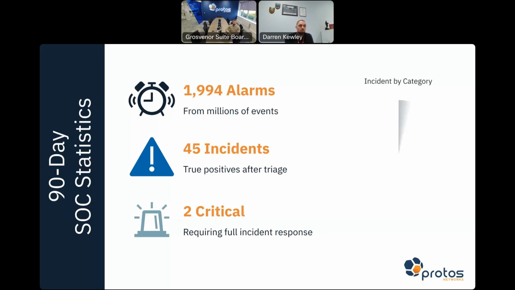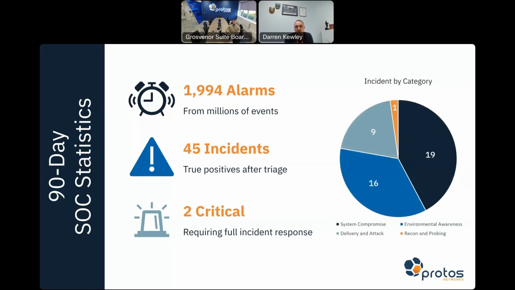And how does that fall in terms of delivery and things like that? Of those, 19 were system compromised, and that's things like malware and potentially unwanted software installed, and a couple of them were actually threat intelligence linked.